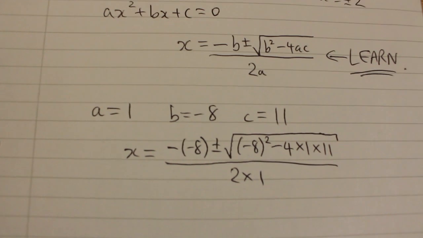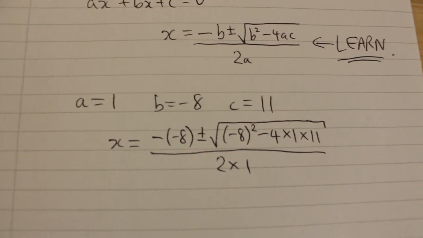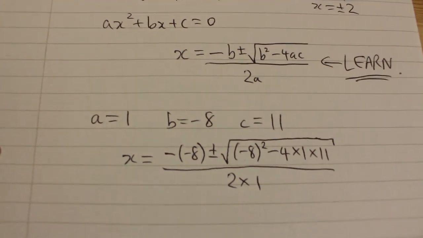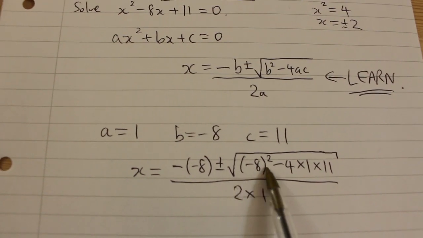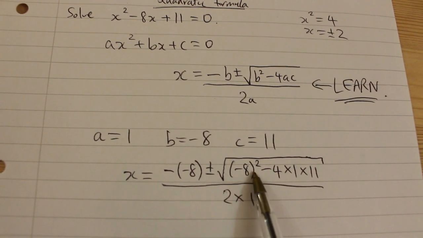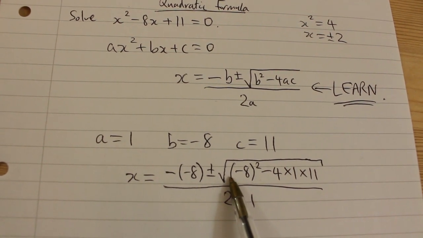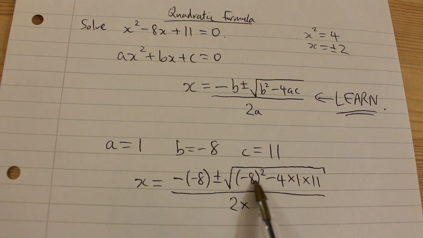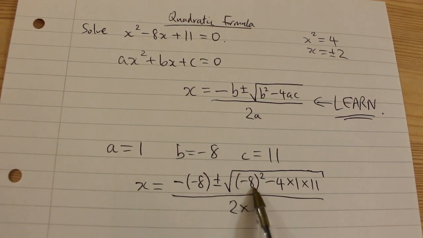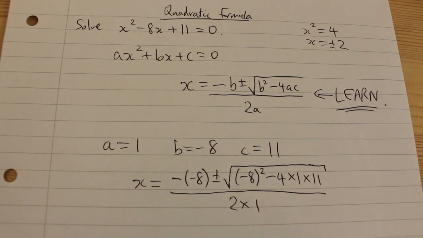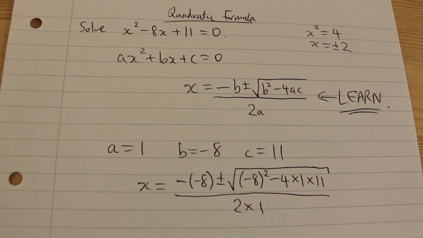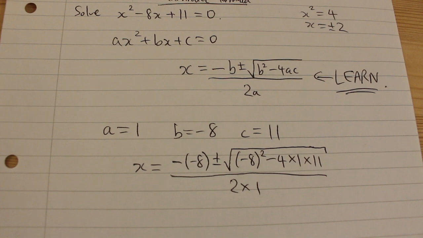Okay, and I think it's a good idea when b is negative to put brackets around it. The reason is that if you omit the brackets, your calculator will treat this as minus 64 rather than 64. So you have to be careful about squaring negatives when you use your calculator.